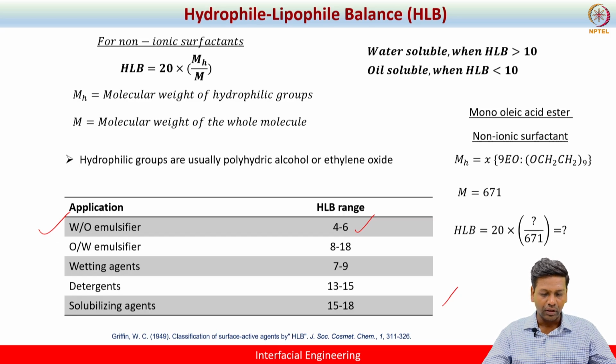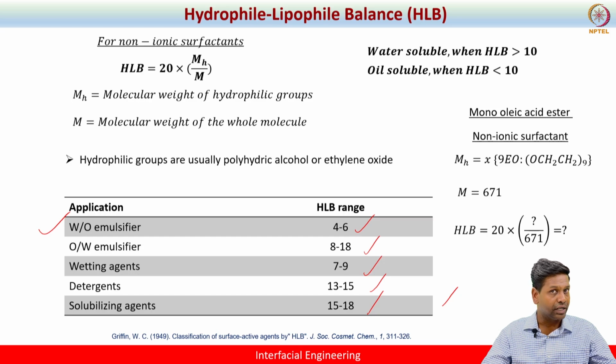On the other hand, between 8 to 18, you can say for sure that they will stabilize oil in water emulsion. Wetting agents will be somewhere between 7 to 9. Detergents will be somewhere between 13 to 15. Similarly, solubilizing agents will be somewhere between 15 to 18. So depending on this range, one can choose the surfactant to use.